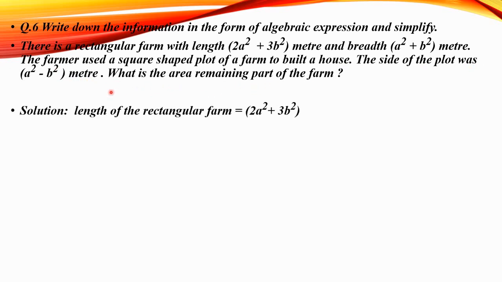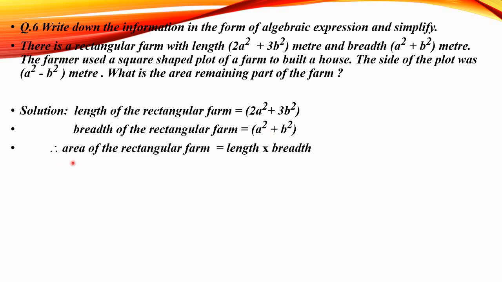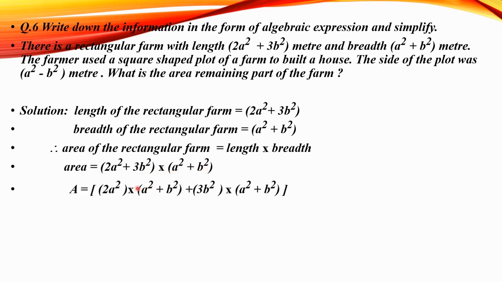So, solution: the length of the rectangular farm is 2a square plus 3b square. The breadth of the rectangular farm is a square plus b square. The area of the rectangular farm is length into breadth. Therefore, area is equal to 2a square plus 3b square multiplied by a square plus b square. When we open the bracket, it will be 2a square multiplied by the second polynomial a square plus b square, plus 3b square multiplied by a square plus b square.